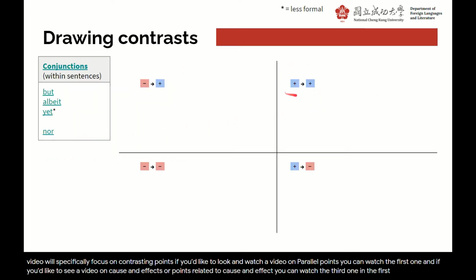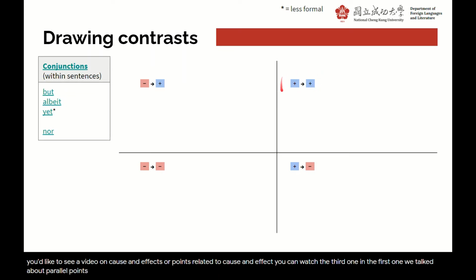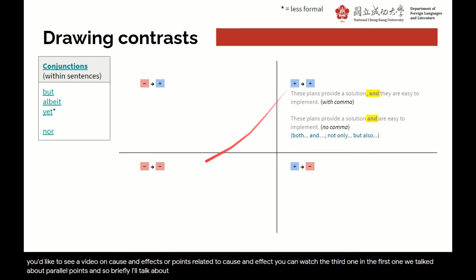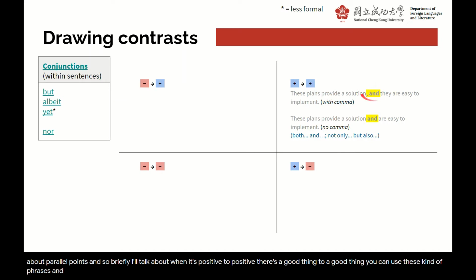In the first one, we talked about parallel points. And so briefly, when it's positive to positive, a good thing to a good thing, you can use these kinds of phrases. And actually, this has the same function as a conjunction. Whether or not you use a comma there is dependent on whether that ending phrase is a complete independent phrase.